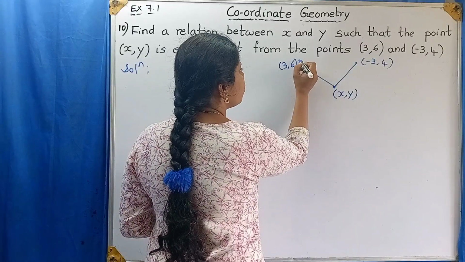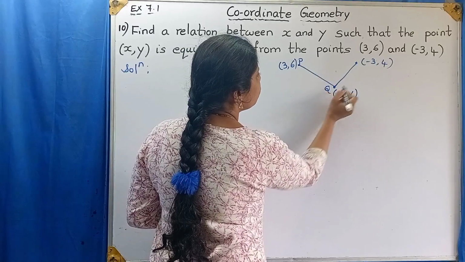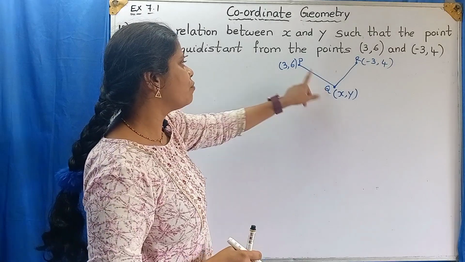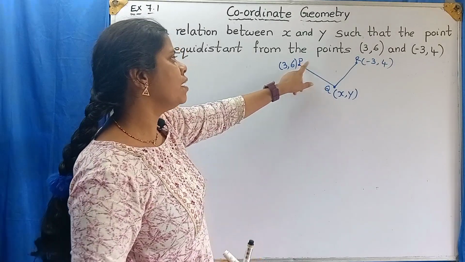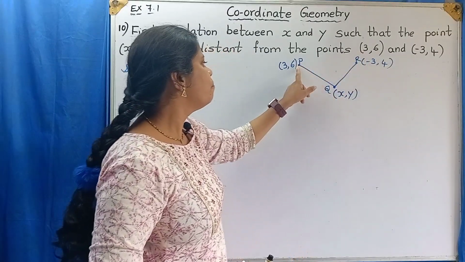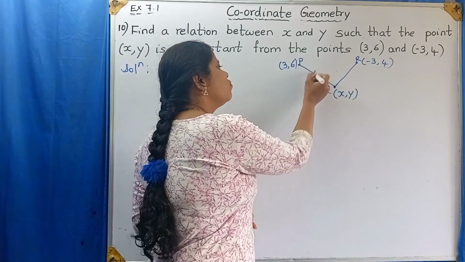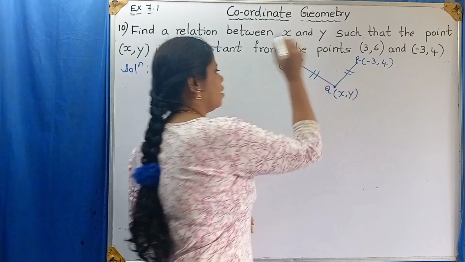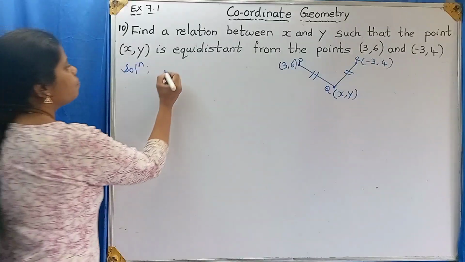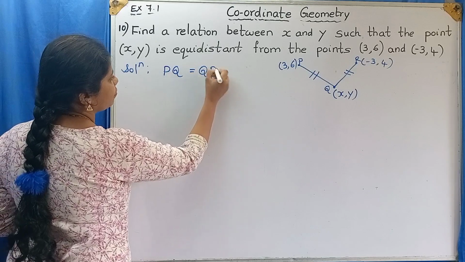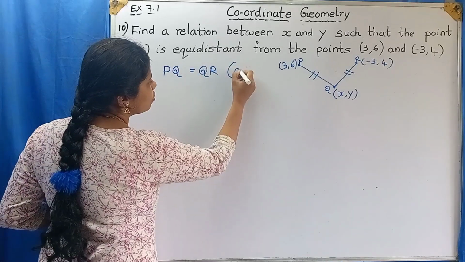Let me name these points as P, Q and R. Since Q is equidistant to the point P and to the point R, PQ is equal to QR. It is given in the question.